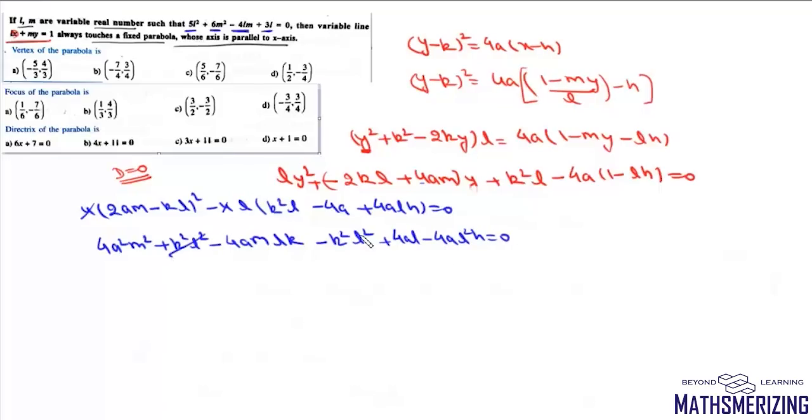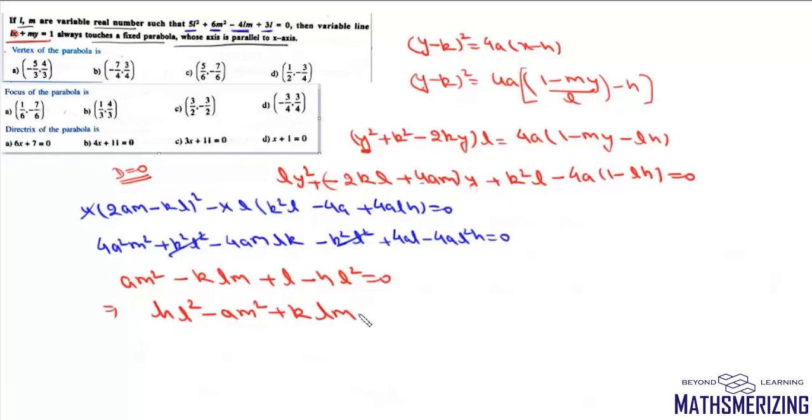Now here k square L square will cancel, and we can also cancel 4a. So we can write this as am square minus kLm plus L minus hL square equals to 0. So we can write this equation as hL square minus am square plus kLm minus L equals to 0.